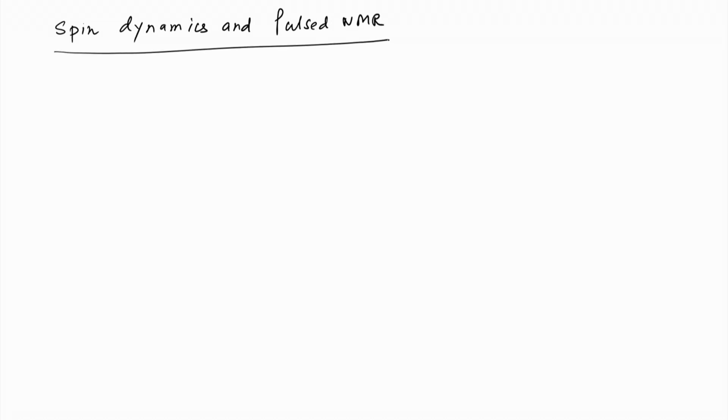Let us now get into another interesting topic, which is spin dynamics in the presence of pulsed signals. One of the appealing aspects of NMR is that one can exactly work out virtually any property that we are interested in knowing.